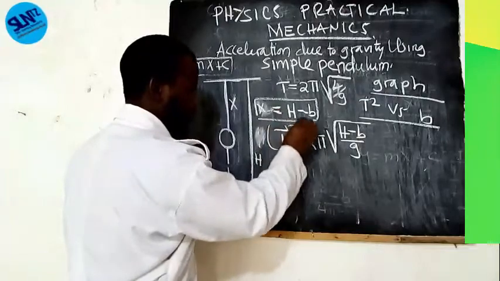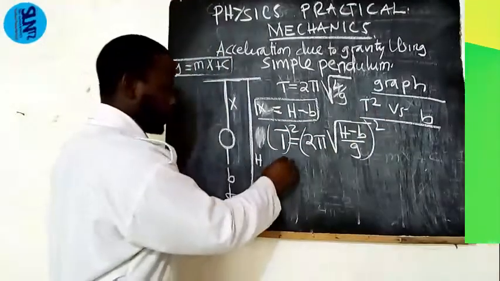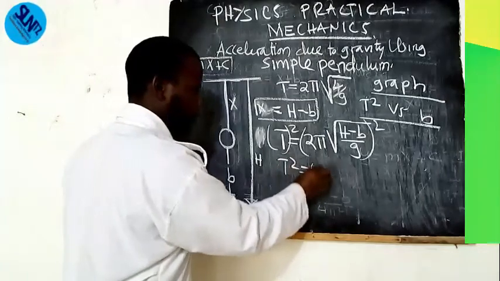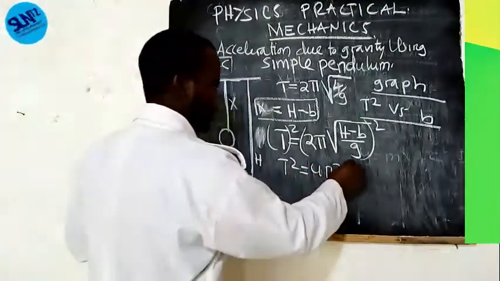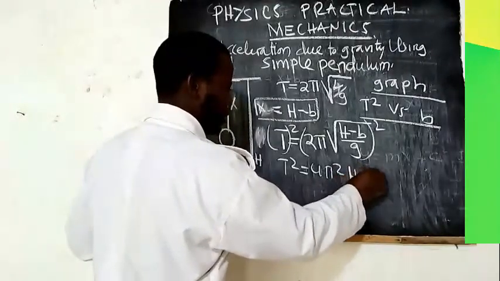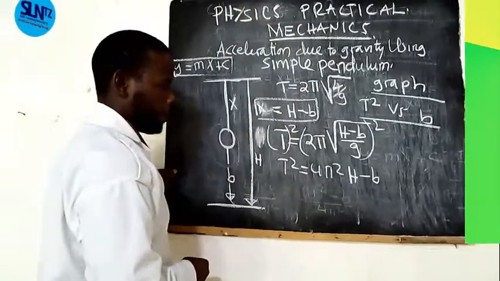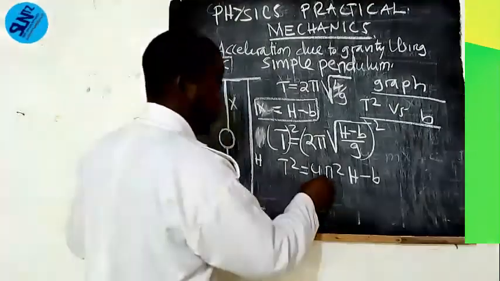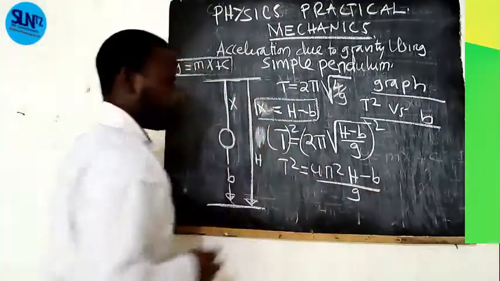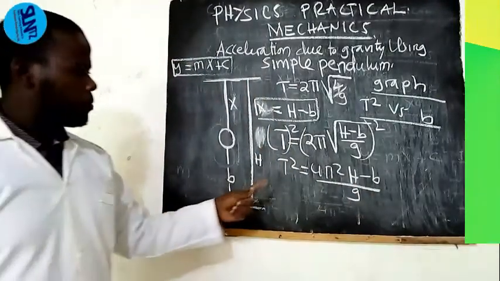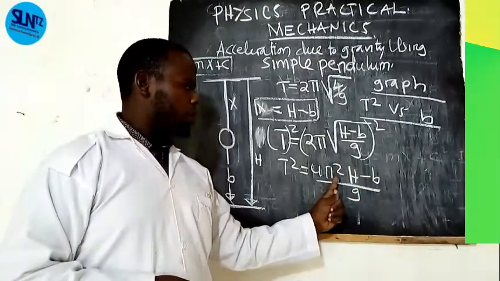You square both sides. T square is equal to 4 pi square, H minus b, over g. But because my graph is this one against this one, you are supposed to be here.